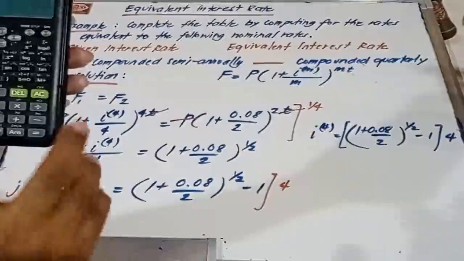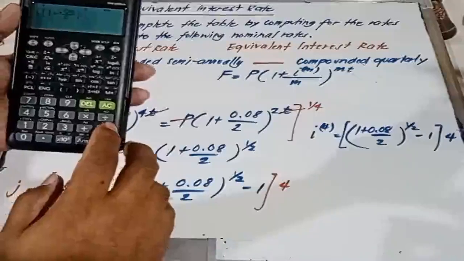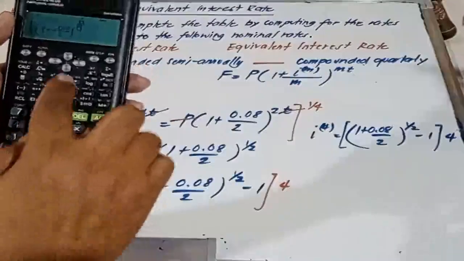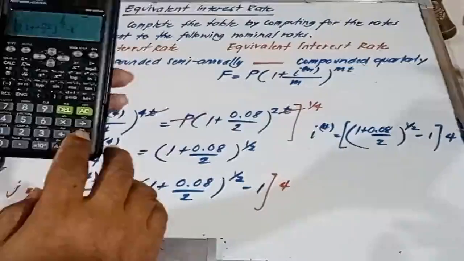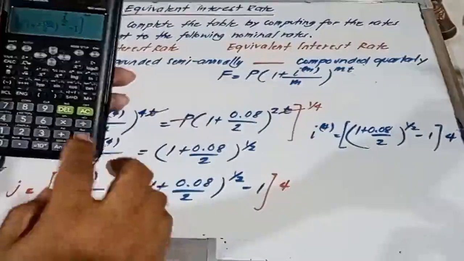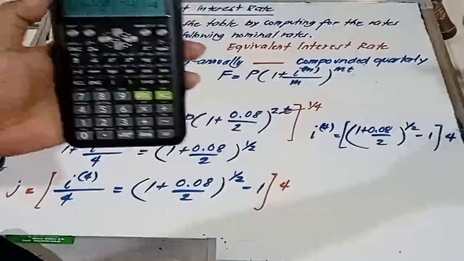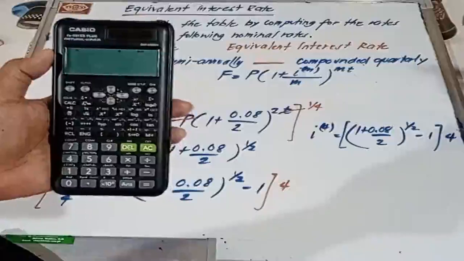Arrow to the right, parenthesis, then xy, fraction 1/2, top arrow to the right, minus 1, again, close parenthesis, times 4. Okay. So, yan ang naka-display dapat sa inyong calculator. And then, press equal sign.